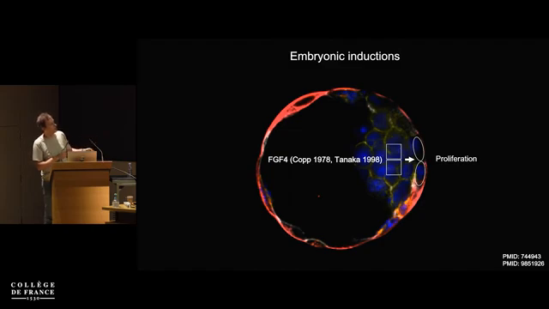He micro-dissected the left part and the right part, cultured them independently, and saw that those cells are proliferating. So he postulated that there is some mitogenic agent that is coming from here, and it's only 20 years later that Tanaka, in the lab of Janet Rossant, saw that FGF4 is actually produced locally here, and that this is regulating proliferation of the trophoblast. So this is where things were standing since, in fact, 1998.